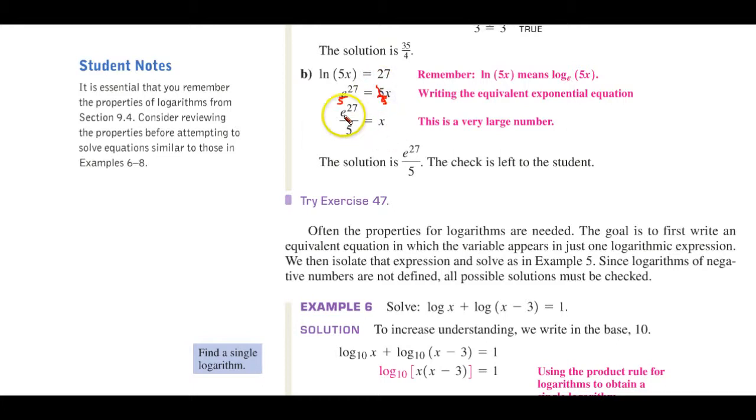We get x equals the natural log of 27 divided by 5. And there is your answer. Now I put this in my calculator and I did get a numerical value, but apparently they're saying that is all they want you to do. All right, let's continue.